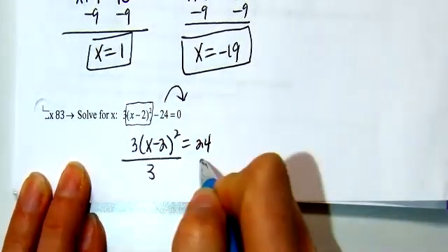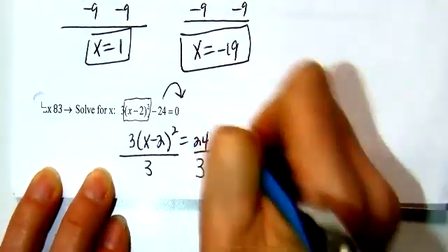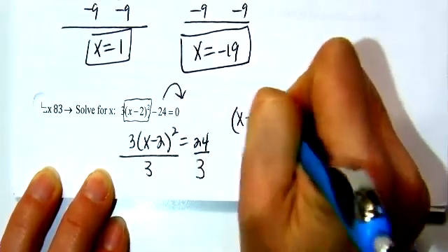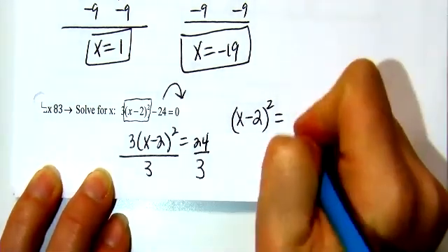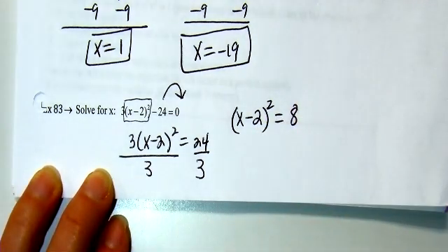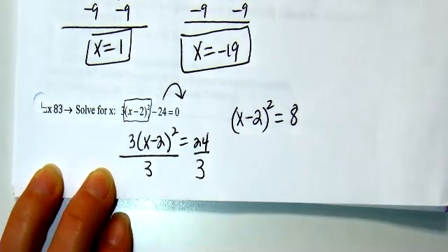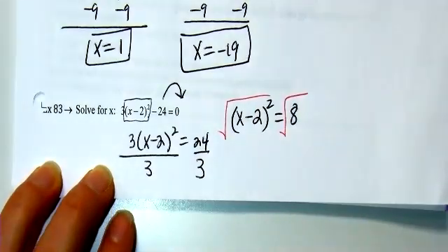And then we could just divide the 3 that's out in front of that. I didn't realize there was this little room in this problem. But 24 divided by 3 is 8. So once we isolated it, it has to be in this form before we can do that square root property that we're learning about.